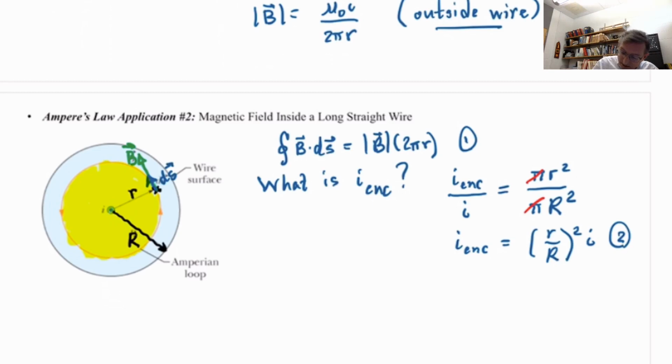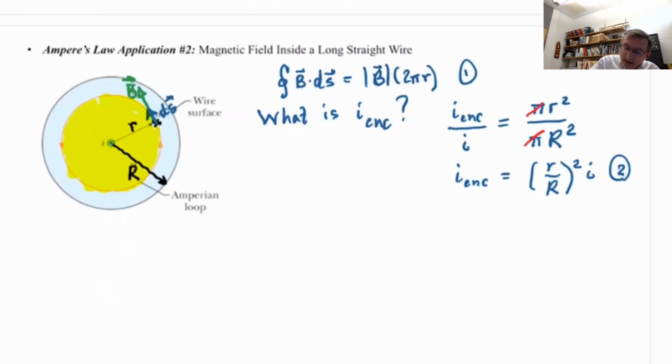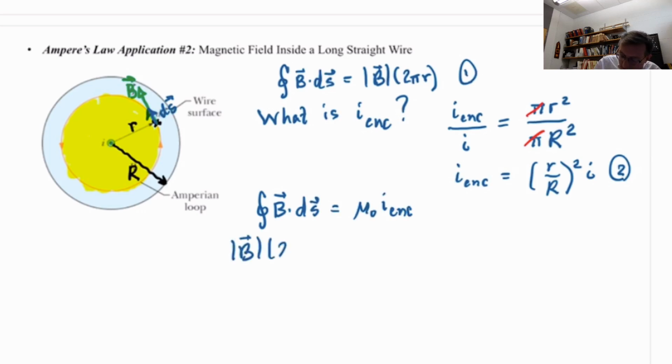And then we just put these two expressions together in Ampere's law. And we'll be solving then for the B magnitude at a point inside this long straight wire. Okay, I use equation 1 on the left, B magnitude times circumference, 2 pi r. And I use equation 2 on the right.